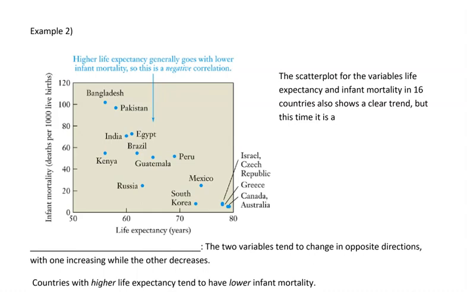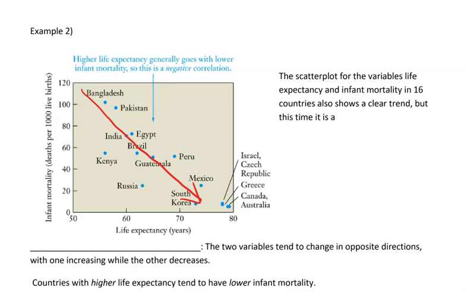expectancy and infant mortality in 16 countries and shows a clear trend. But this time, if you look from left to right, they seem to be going downwards. So as life expectancy goes up, the infant mortality goes down.